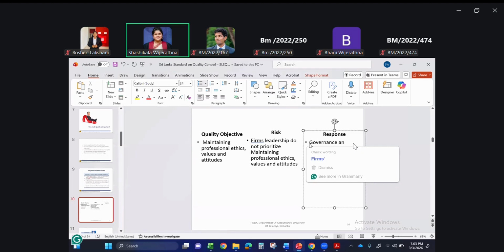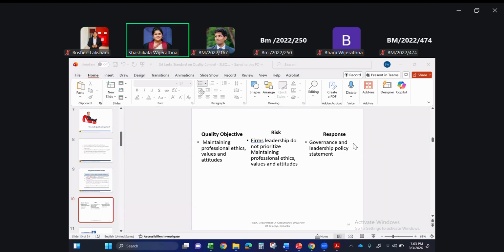Governance and leadership policy statement. And as you all said, we can strengthen internal controls and implement the code of conduct. Good. Make succession plans. So for this kind of thing, one of the best responses would be the governance and leadership policy statement. Then we can identify what we should do if they do not comply with this particular statement.